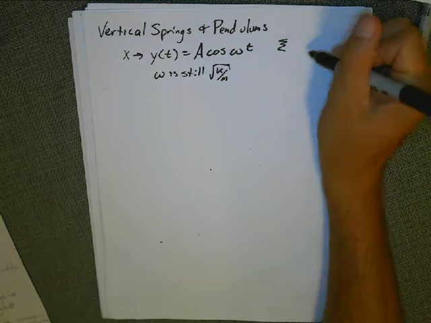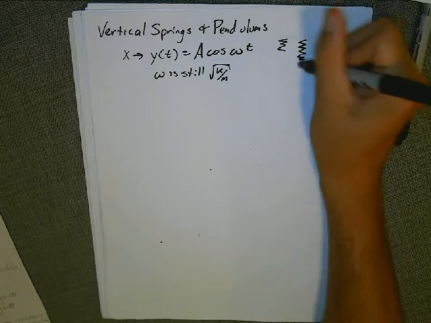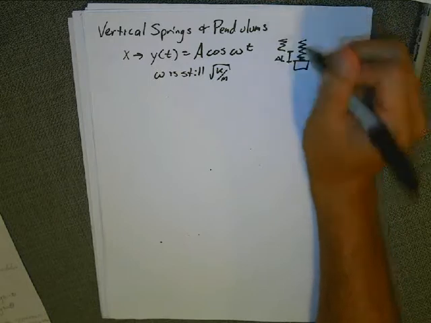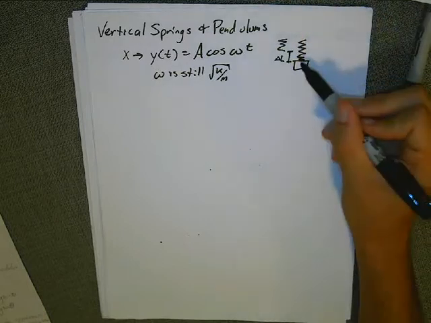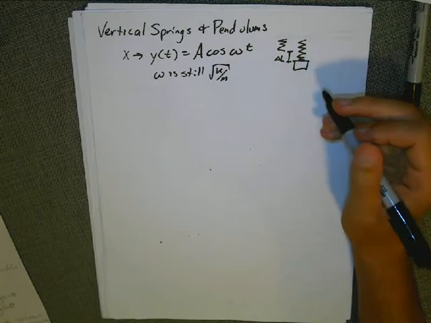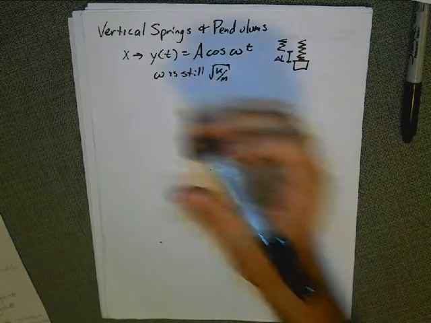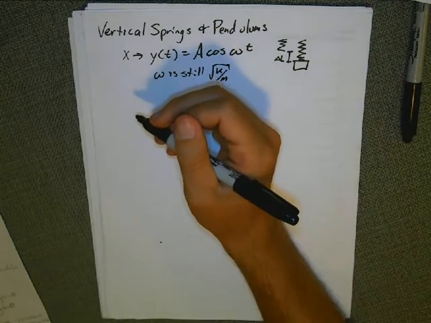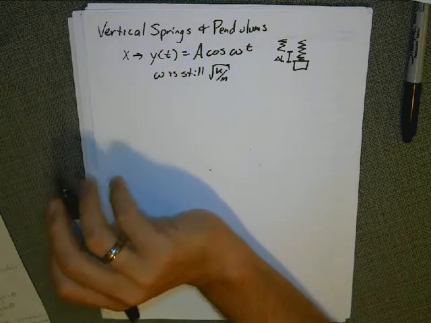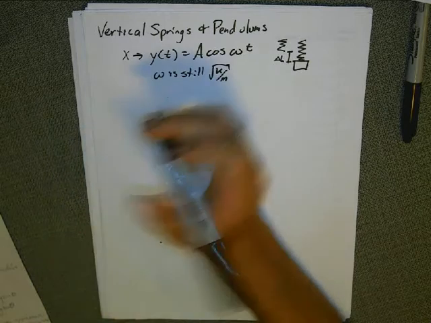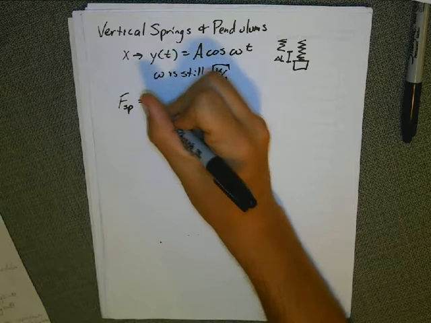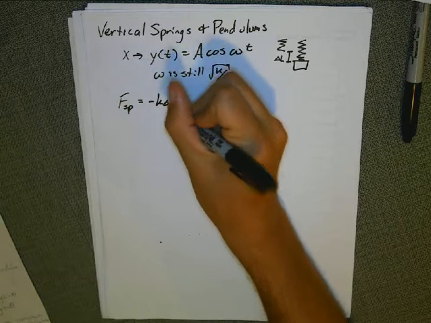What does change is that when you add the mass, so if you have a spring hanging, and then you add a mass, this little change here is known as delta L, because now the equilibrium has been changed. L is just a distance, whereas y would be displacement. So we can say that spring force is equal to negative k delta y.